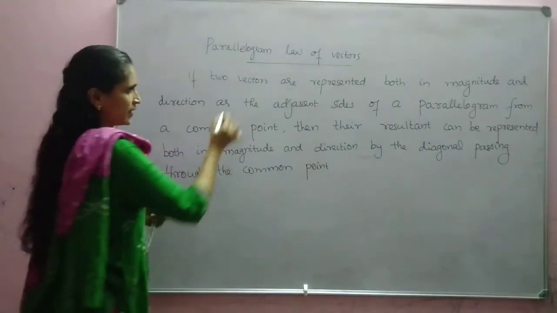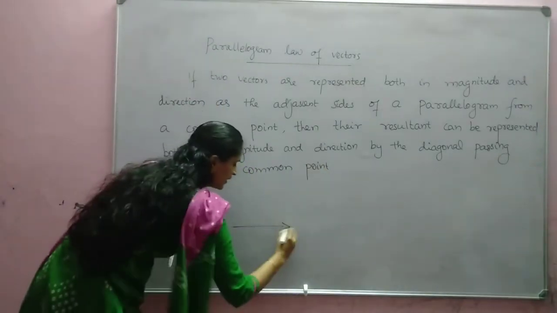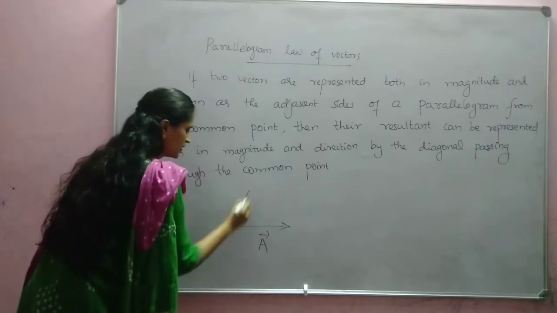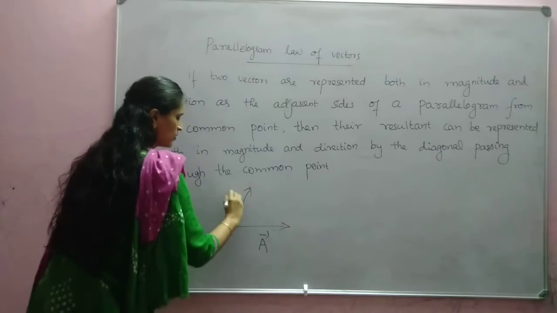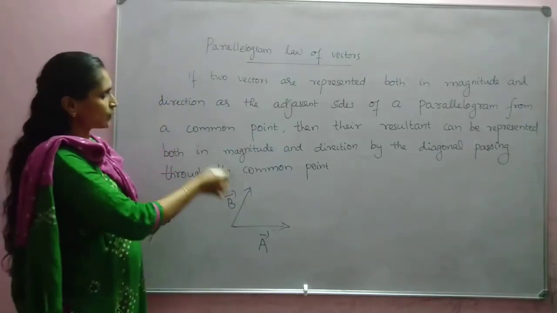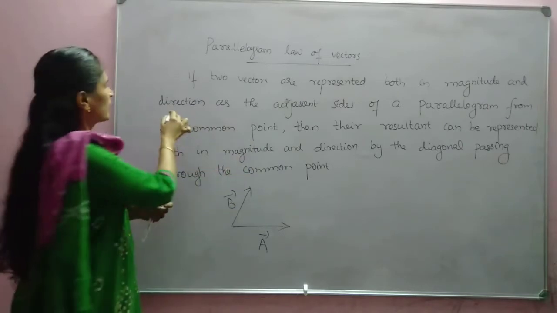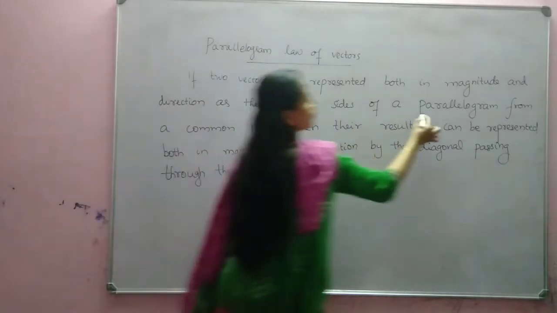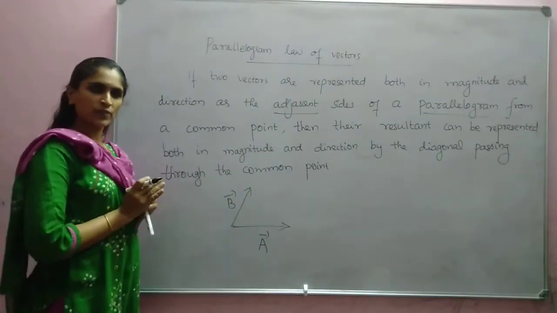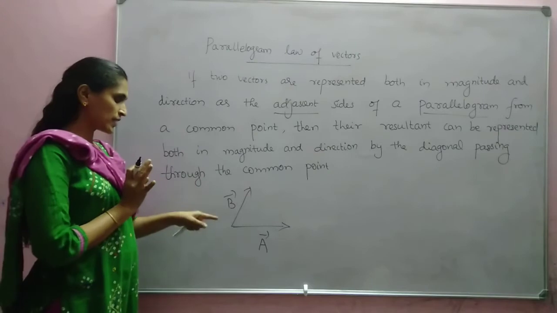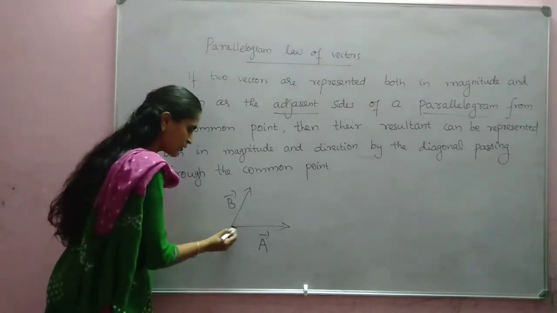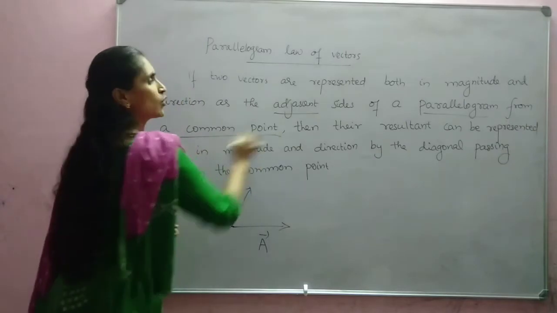So here one vector is A, another vector we are representing as B. These two have to be represented as adjacent sides of a parallelogram. If we want to add two vectors, first of all, they should be represented as the adjacent sides of a parallelogram from a common point.